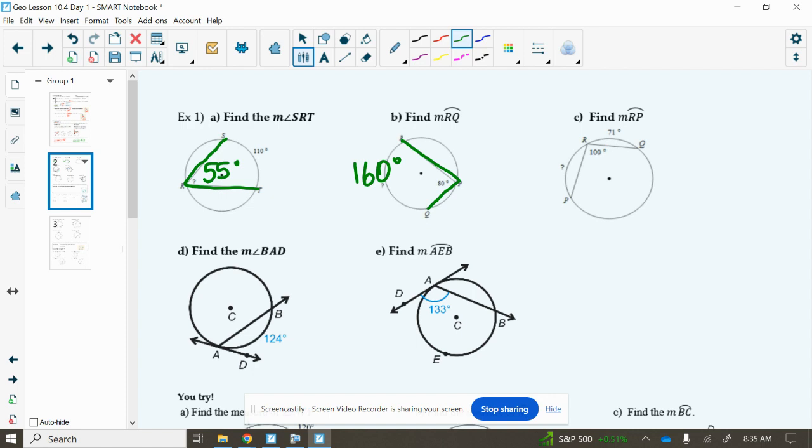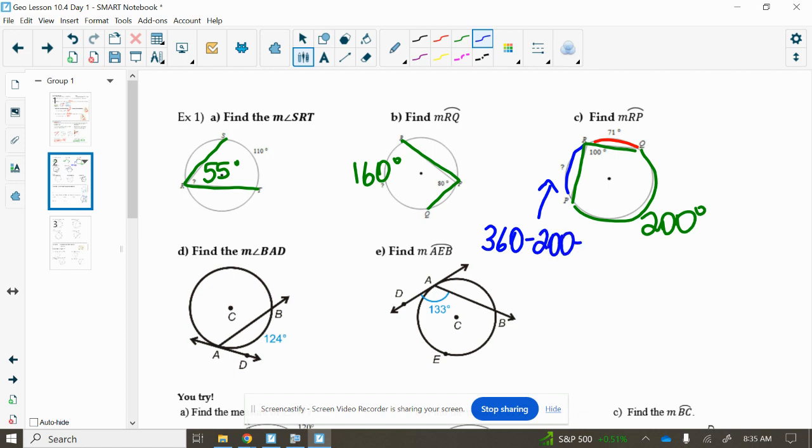Now on this next one, notice we are looking for arc RP over here. When we look at where our inscribed angle is opening up to, it's opening up onto arc PQ. So we know that arc PQ is 200. We're given that arc RQ is 71. So to find the measure of our missing arc here, we can take 360 and subtract away the two arcs that we do have to get our remaining arc measurement of 89.